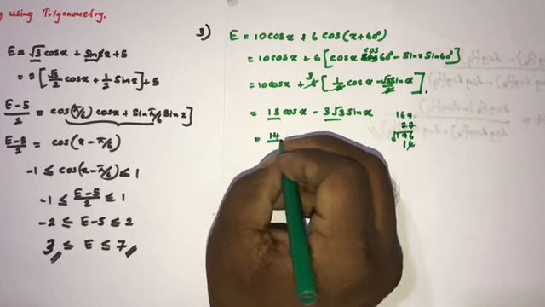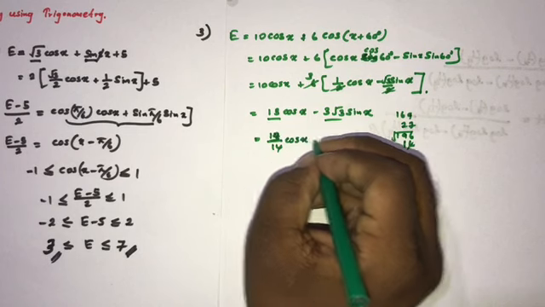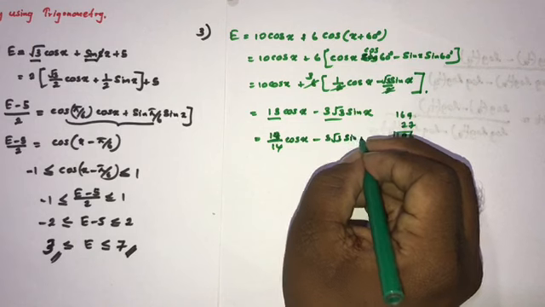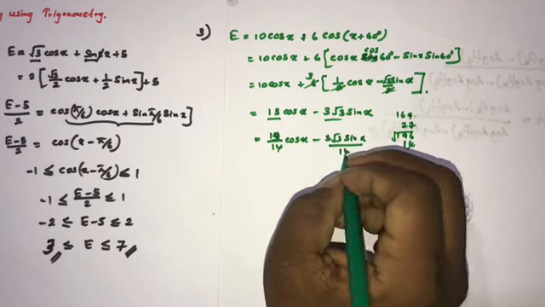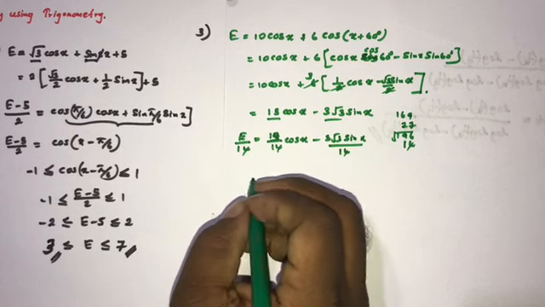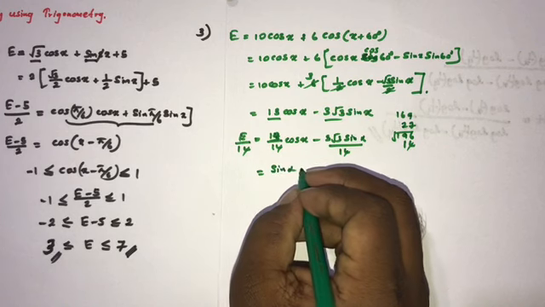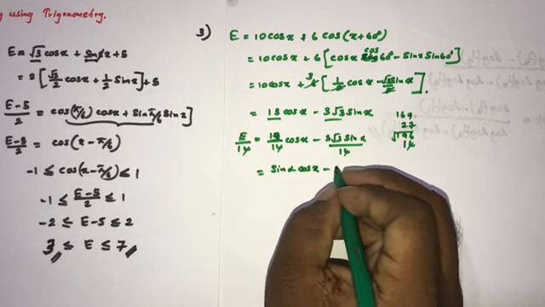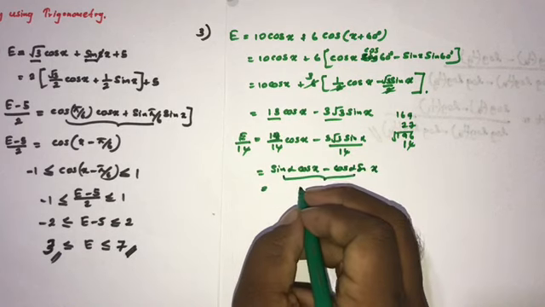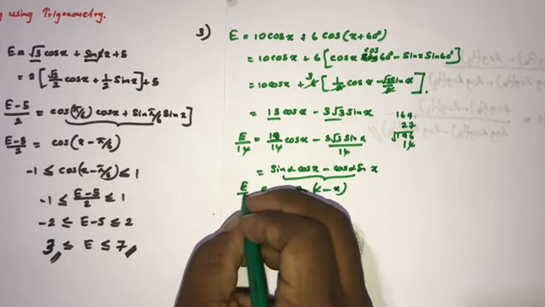So 13 over 14 cosine of x minus 3 times square root of 3 sine of x over 14, and we should divide this side by 14. Then we can write sine of alpha cosine of x minus cosine of alpha sine of x, and then we can write sine of alpha minus x.